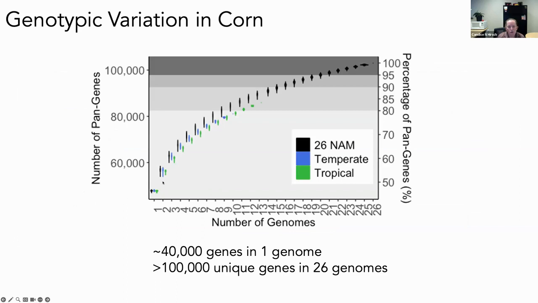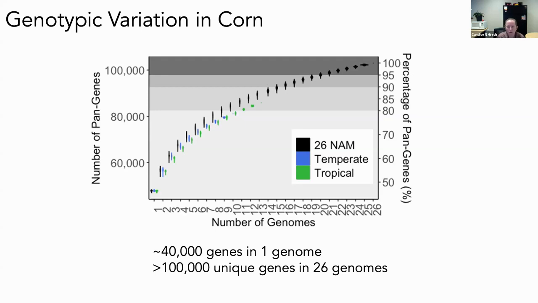If we look at two varieties and ask how many total unique genes there are, there's another maybe 15,000 that get added on. And if we look at three and so on, across these 26 genotypes or varieties, there's over 100,000 unique genes, whereas any given one only has 40,000. So that's 60,000 extra genes that are floating around, sometimes present, sometimes not within a genotype.